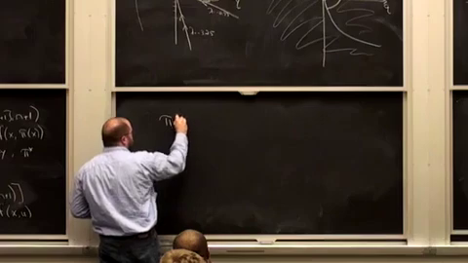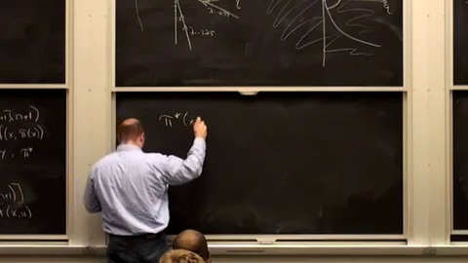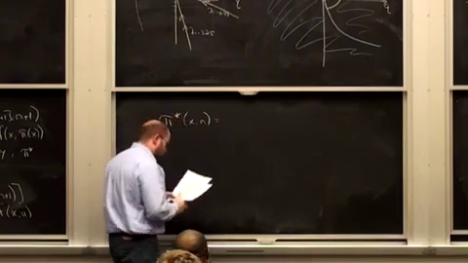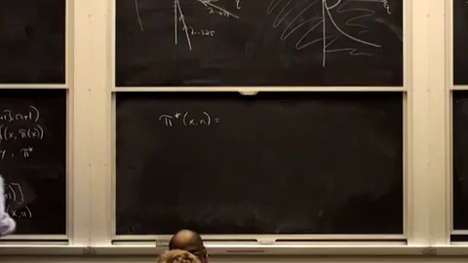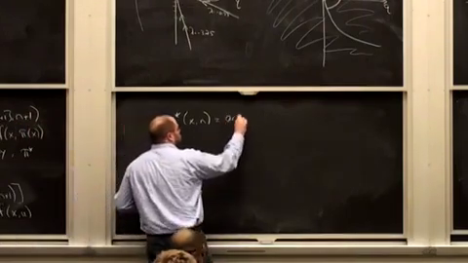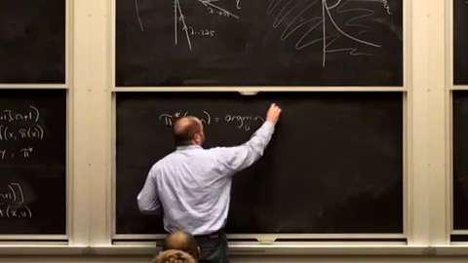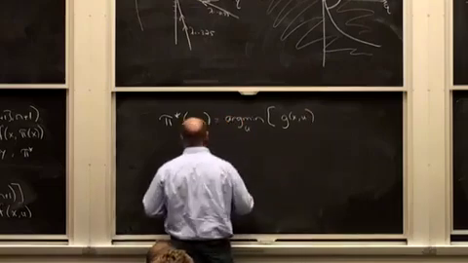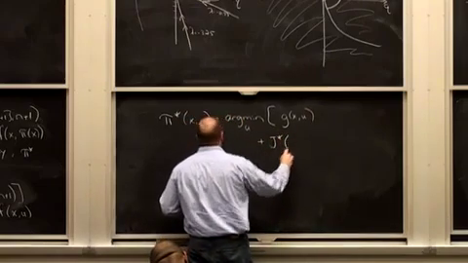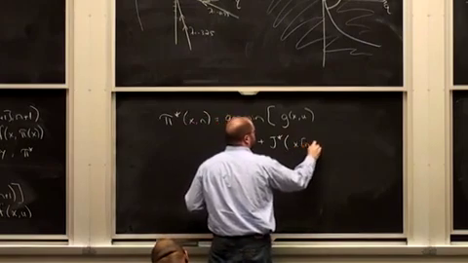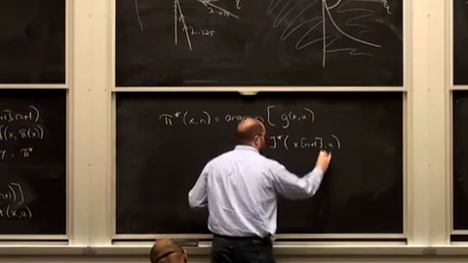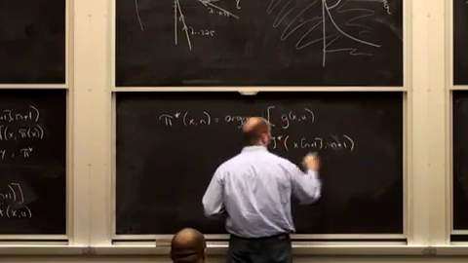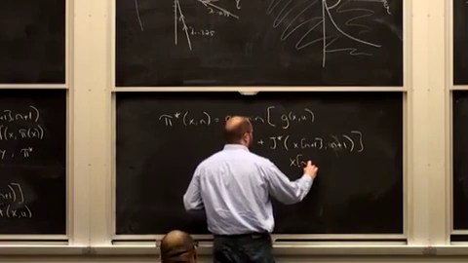The best thing to do if you're in state x at time n is just the argmin over u of g of x, u plus j star of xn plus 1 at time n plus 1, with that same xn plus 1 defined by the dynamics.